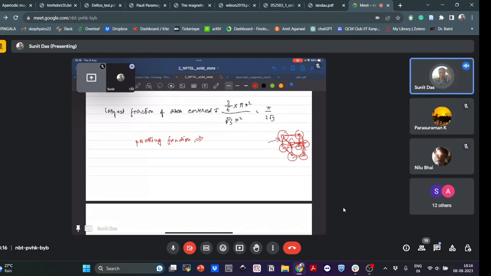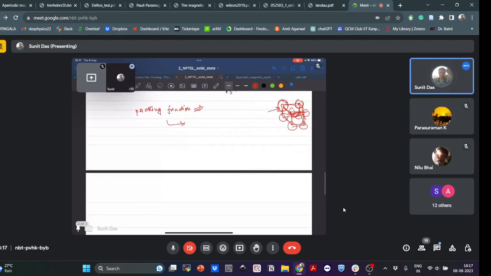There are some spacious places, right? In the simple cubic case, only the corner atoms are there, no body-centered or face-centered atoms. So there is space in the unit cell. How much of this unit cell is filled is represented by the packing fraction.